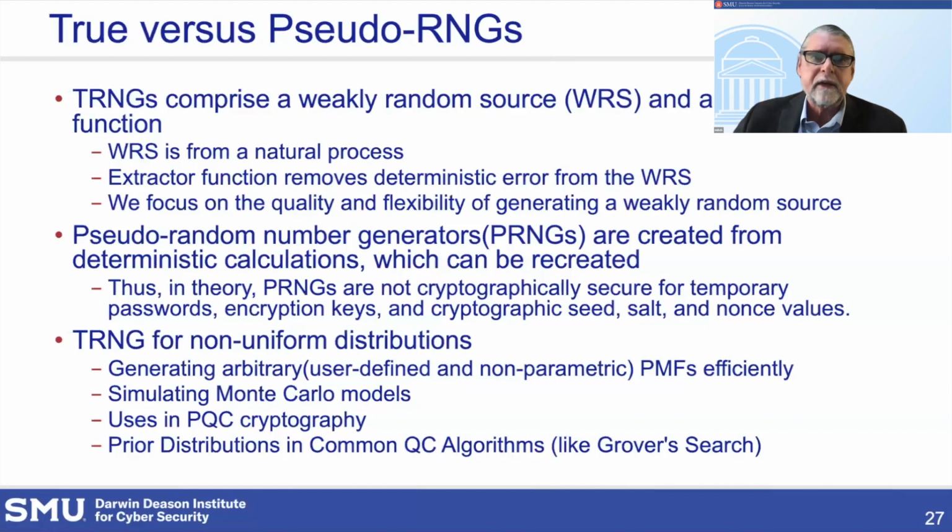Now, I promised I'd give a little bit of background on random number generators. So I have this one slide, and that is the difference between a true random number generator versus a pseudo random number generator. Both are important, but a true random number generator comprises a component called a weakly random source, followed by another component called an extractor.